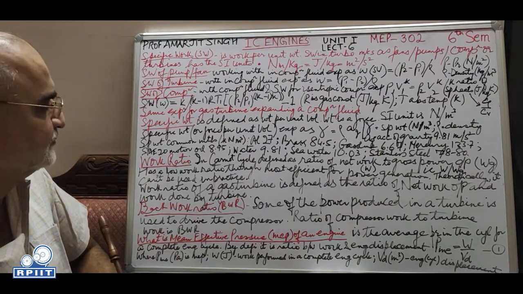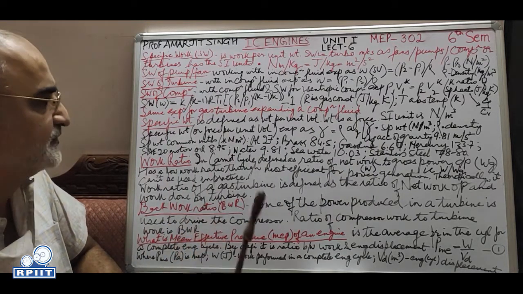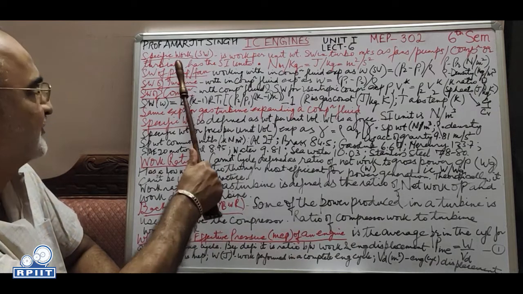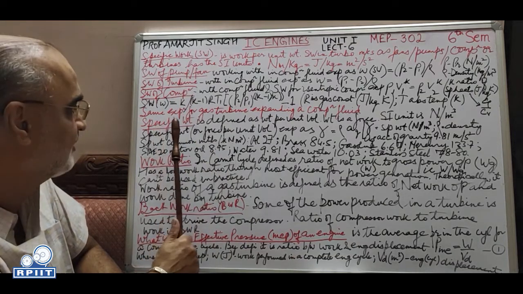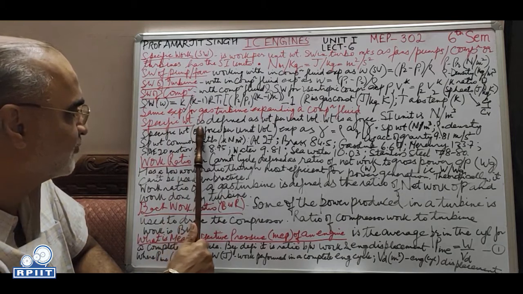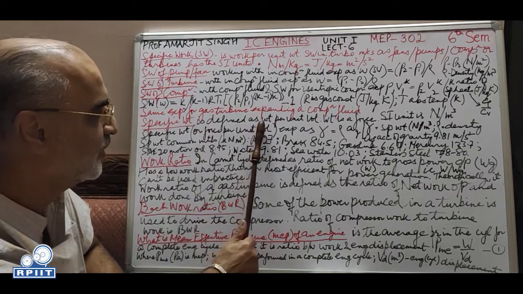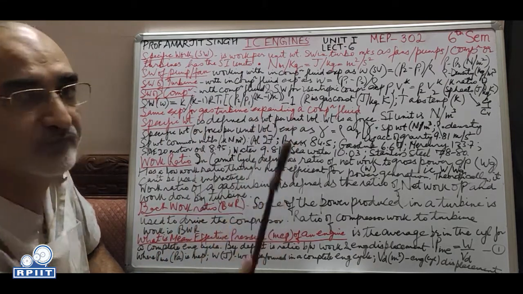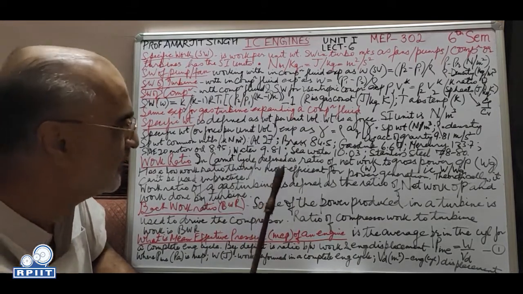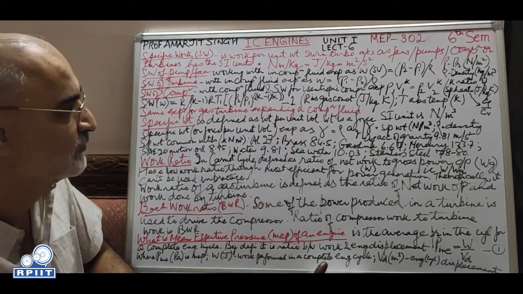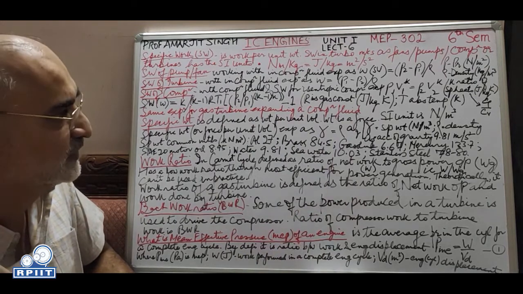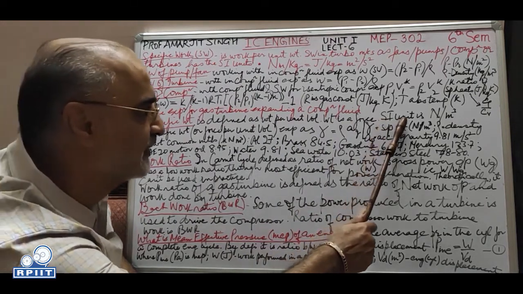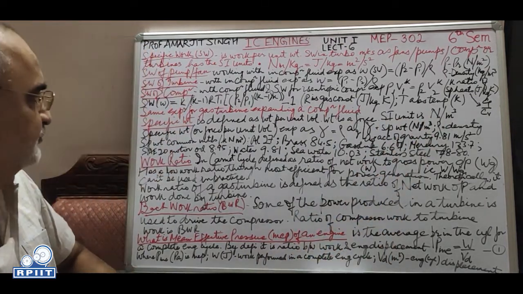Now we come to specific weight. Specific weight is defined as weight per unit volume. Weight is a force, and we know that the SI unit is Newton per meter cube.